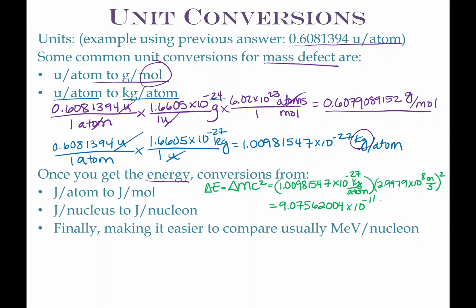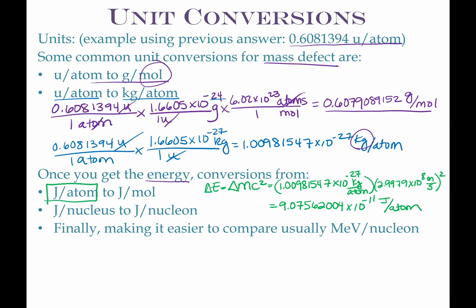Now, remember, kilograms, meters squared per second squared per atom is joules per atom. Okay, so I'm going to erase that and just change that to joules per atom. So now we're in joules per atom.